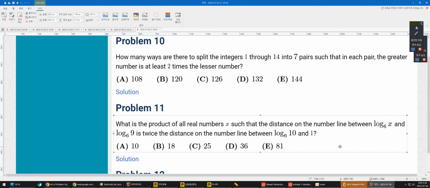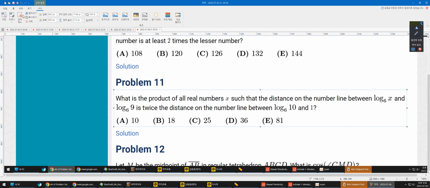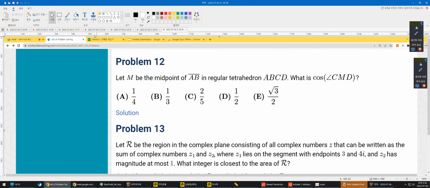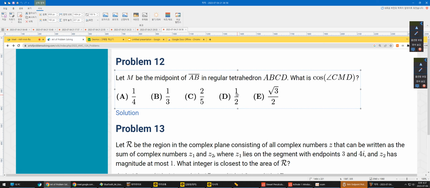Regular tetrahedron. So regular tetrahedron means all faces are equilateral triangles.